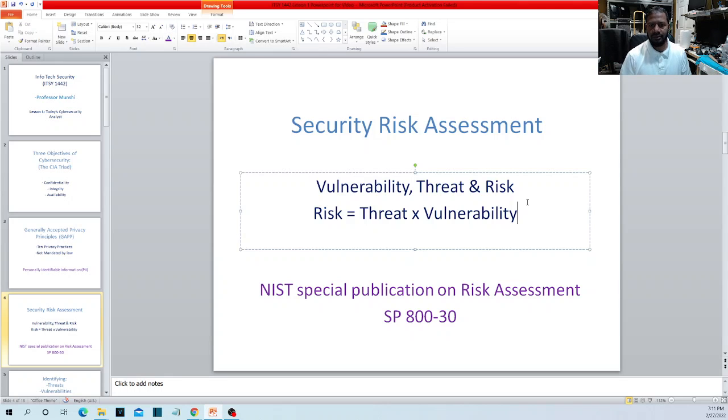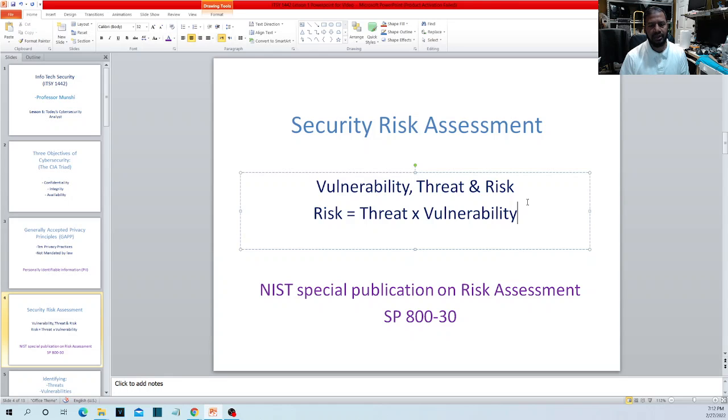Could be rain coming down through your roof and destroying your computer system. Anything physical, environmental, by human, any kind of actors, any kind of element that can harm your computers, your IT system, your business, those are threats.